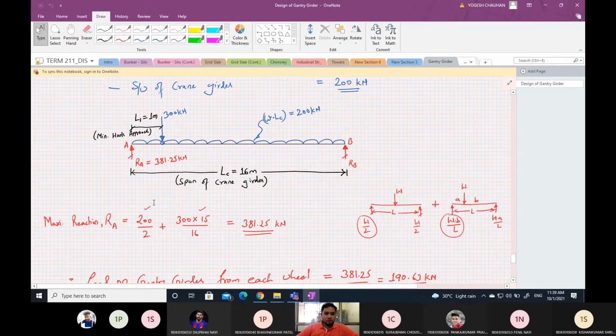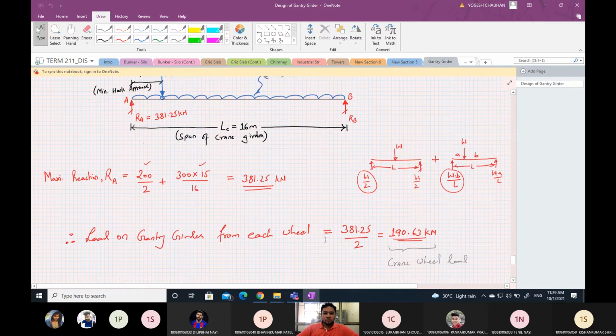So the maximum reaction will be 200 by 2, the self-weight of the girder, plus 300 into 15 by 16. The span on the right of this moving load is 15 meter and the total span length is 16 meter. So the reaction will be 381.25.